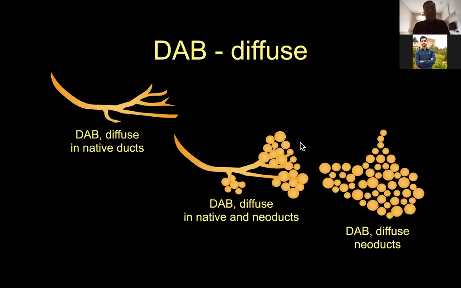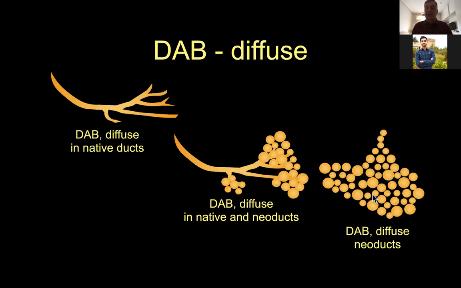Now, when we get DCIS components, they can spread through the breast through native ducts, or they can spread through the breast by forming neoducts, which just shows up as heavy microlobulation, or too large and too numerous polymorphic ducts.